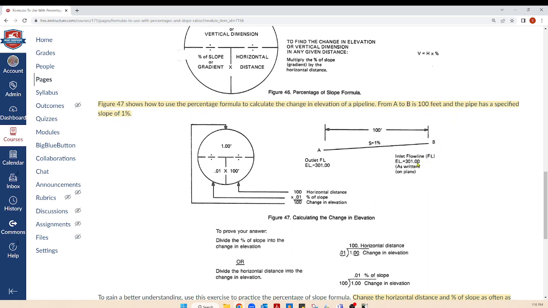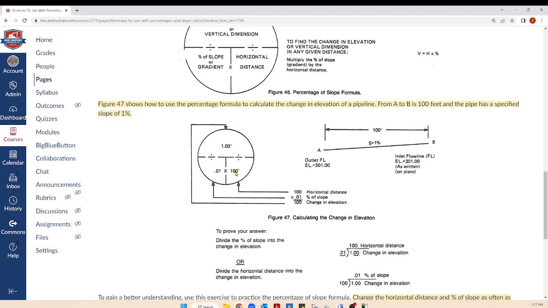I just can't see that right there. If you've got gravity flow, 1% is written in decimal as 0.01. I can't argue that. Now 100 feet horizontal is written as 100 foot, and it goes right here.